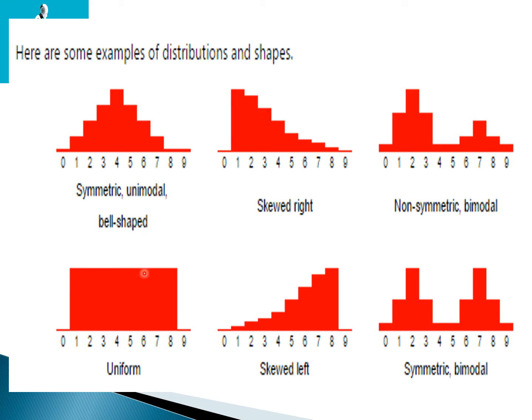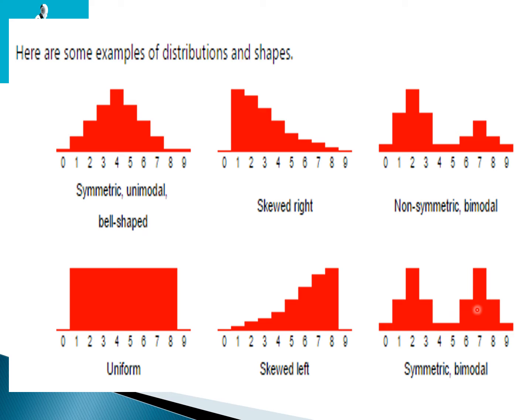And this is an example of a uniform distribution. Here you can see that all the values are having the same frequency and it will be like a box. Then this is skewed left. Skewed left means only fewer values are on the left hand side, most of the values are on the right hand side of the graph.